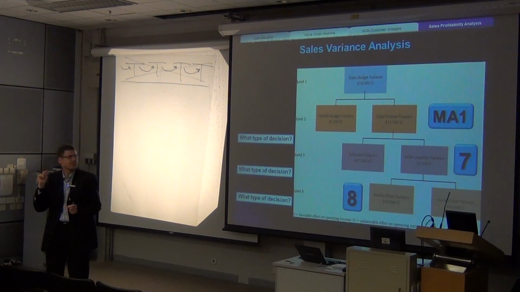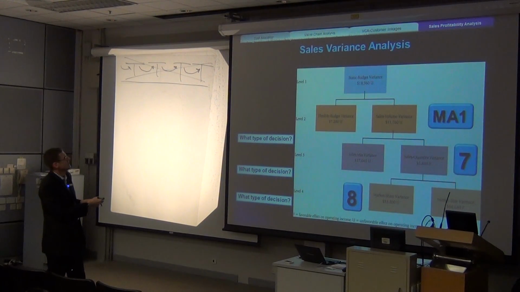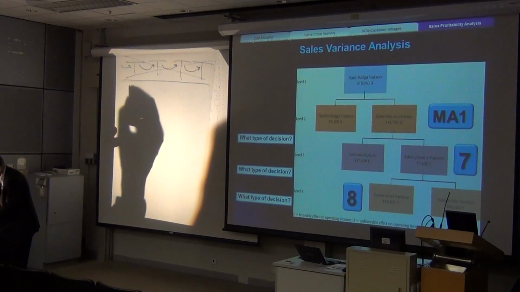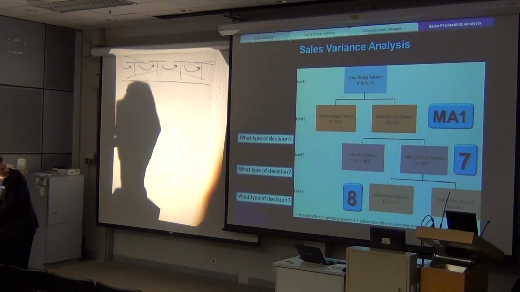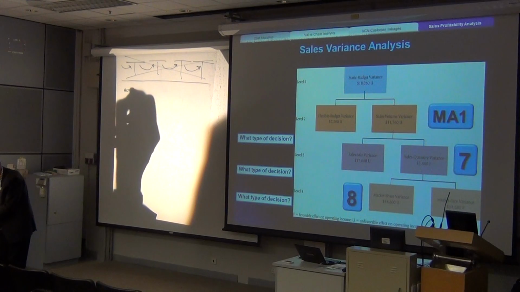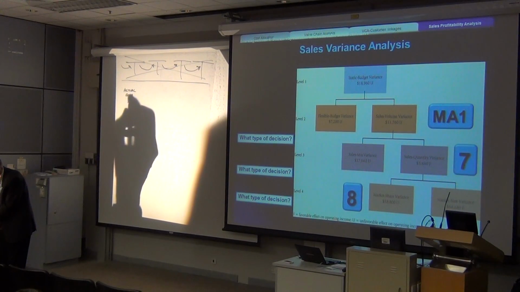We're talking about the static budget variance. The static budget variance is basically caused by, we have actual quantity times what?